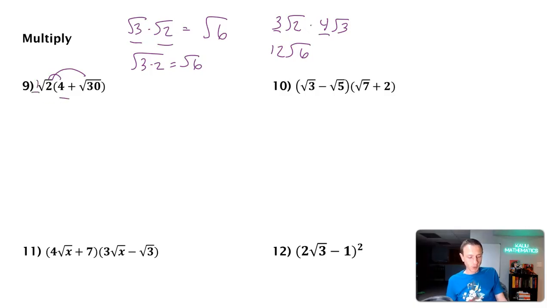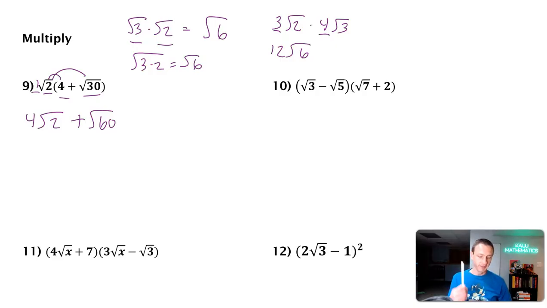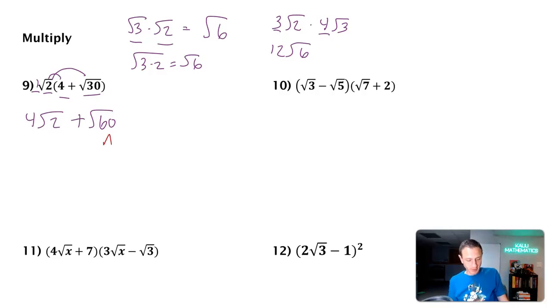So this is 1 times 4, which is going to be 4 square root of 2, plus 2 times the square root of 30 is the square root of 60, because 2 times 30 is 60. And then from here, you simplify, if possible. 60 divided by 4 is 15, so I could rewrite 60 as 4 times 15.